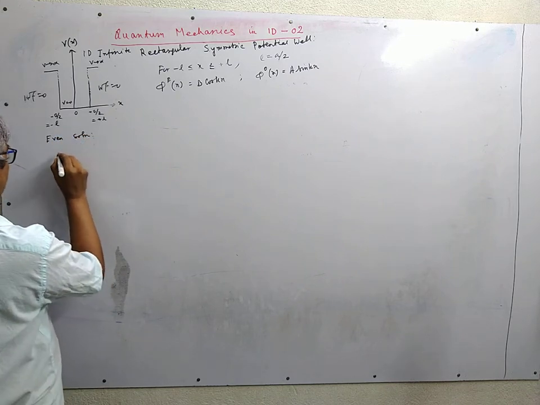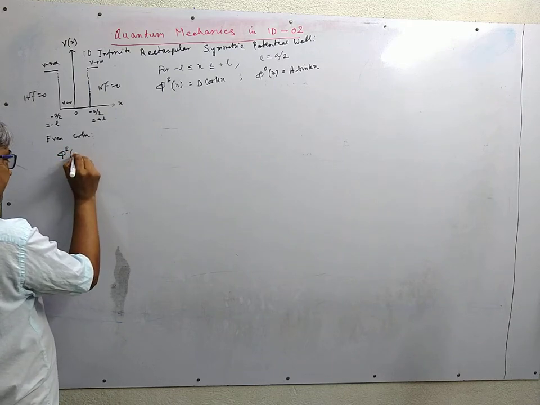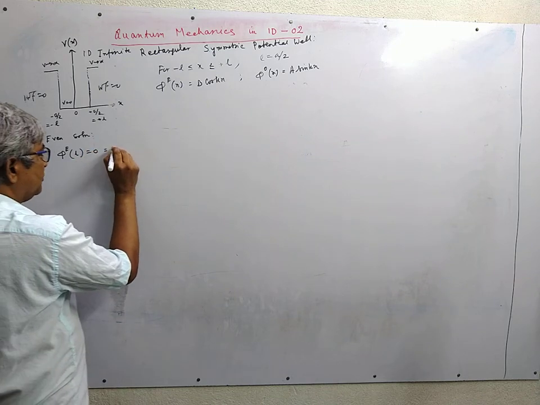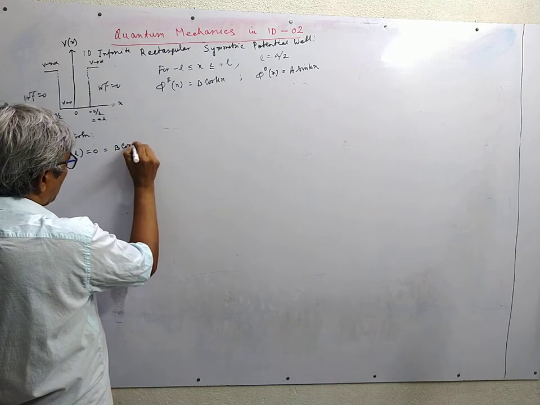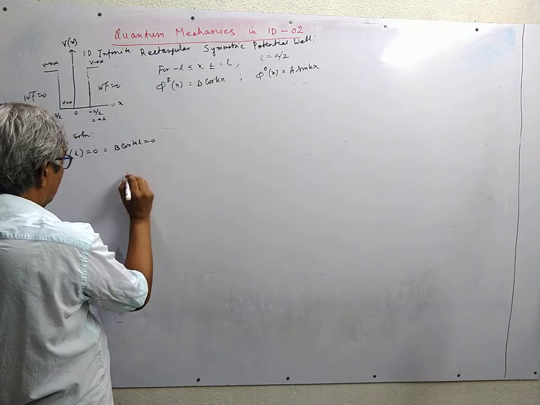So the solution is phi. Now the boundary condition is phi even at L is equal to 0. This is equal to b cos KL is equal to 0.